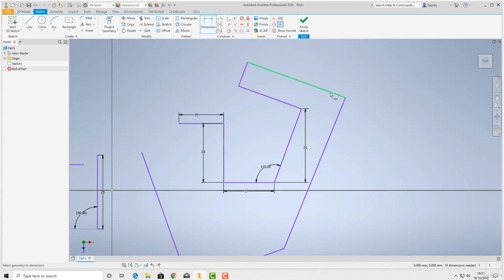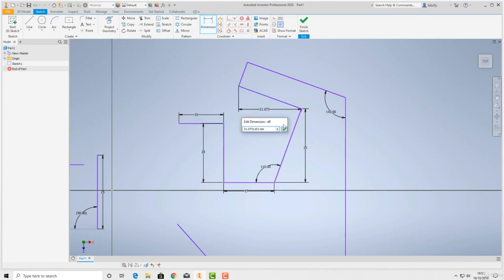Let's put a dimension on there, and we're going to make that 110 again. There we go. So you can see, just putting some random dimensions on.